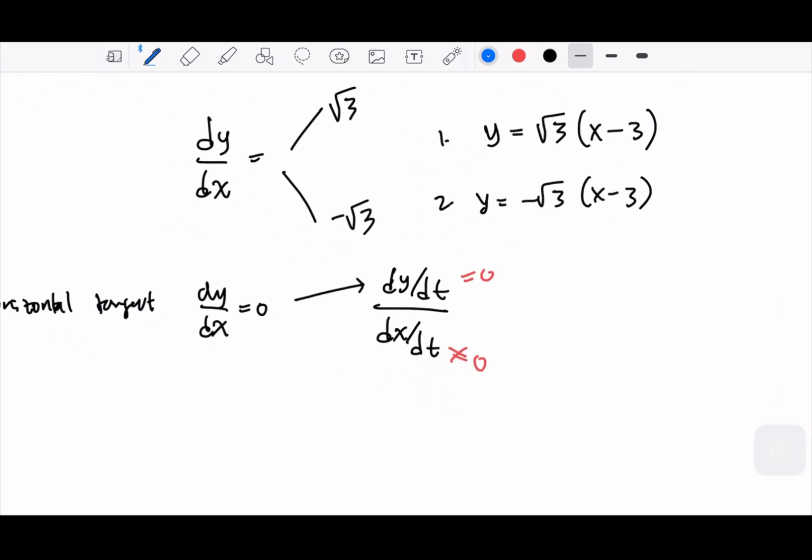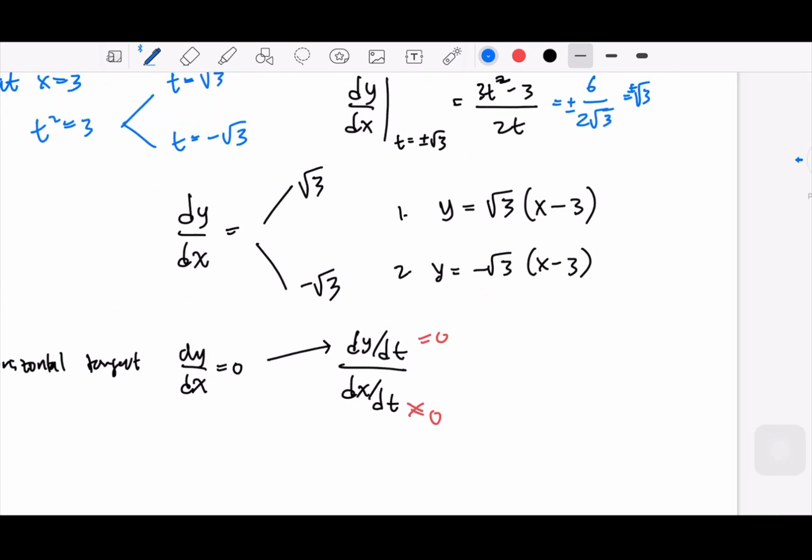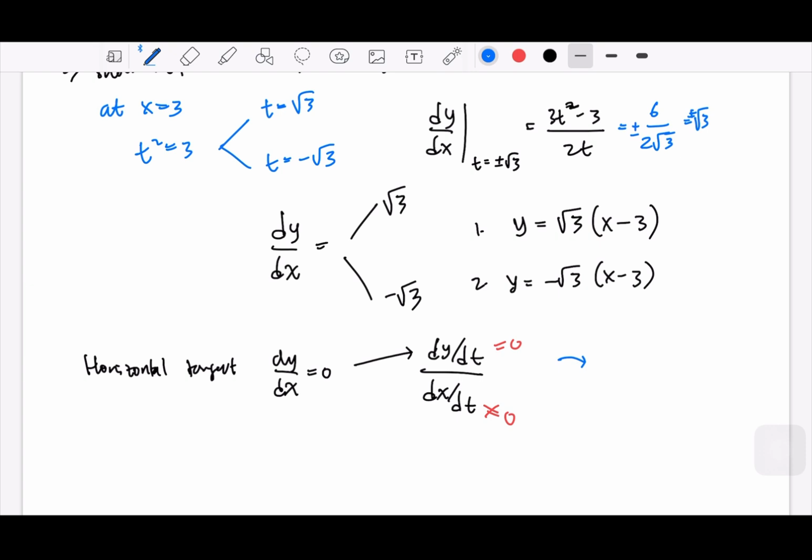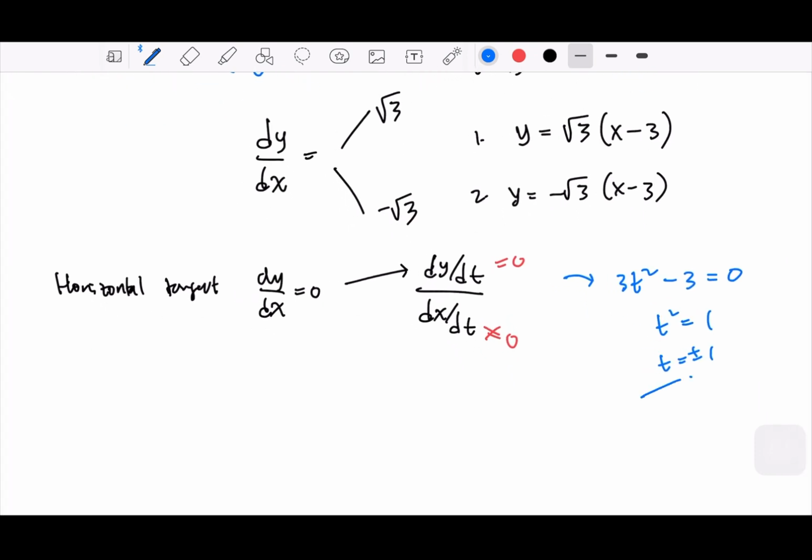Then we get 3t squared minus 3 equals 0. So t squared is equal to 1, or t is plus minus 1. And we can compute x and y from this t plus minus 1.